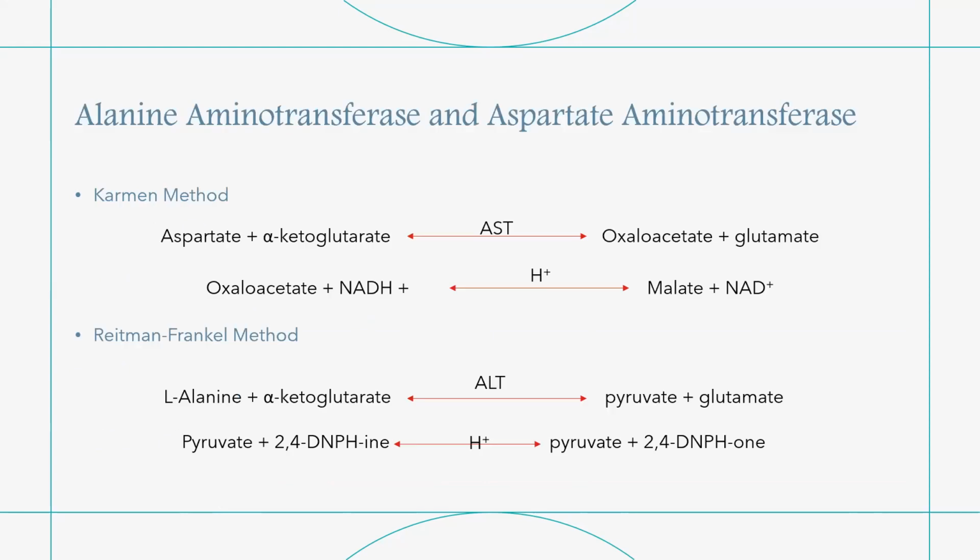Next in line, we have the alanine aminotransferase and the aspartate aminotransferase. This is your ALT and your AST.